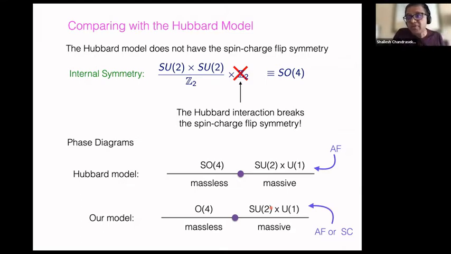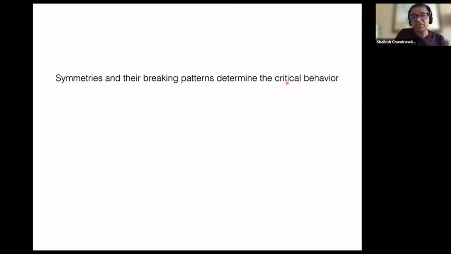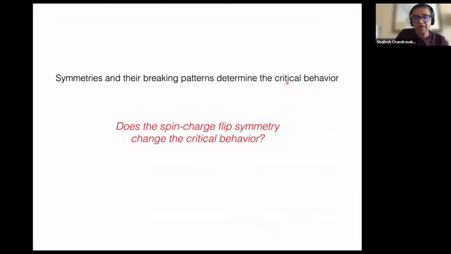Remember, we're just doing free fermions, so this must be part of the free fermion theory. And so this O4, not SO4, must be part of the free fermion symmetry. So we wanted to understand how all this fits in. We all know that symmetry and its breaking pattern determine the critical behavior. The question is whether the spin charge flip symmetry changes the critical behavior.